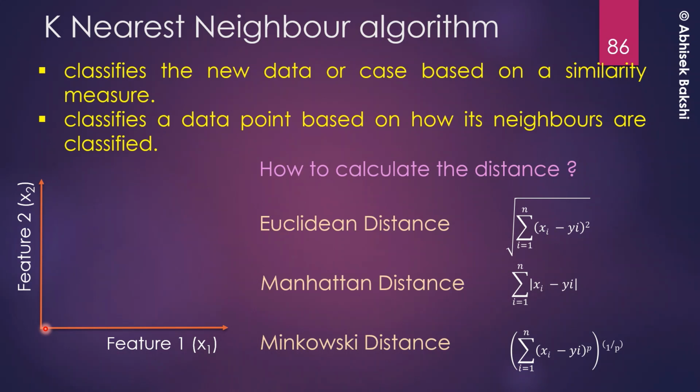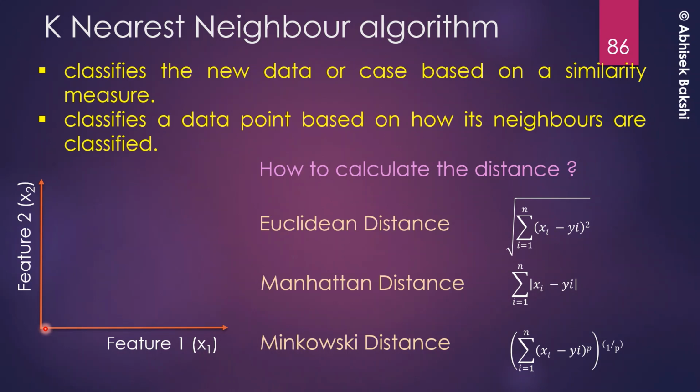The data point that you are looking at, and other data points, are also floating in the same space, in the air, and there is a difference between these two points. Definitely some straight line difference is there. This straight line difference can be considered as how similar these two points are.